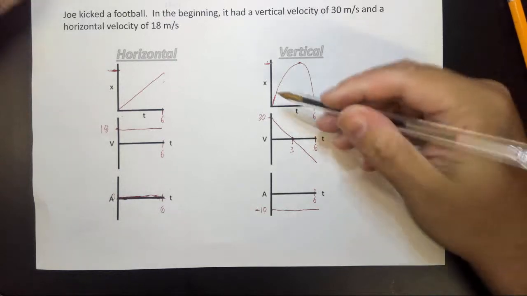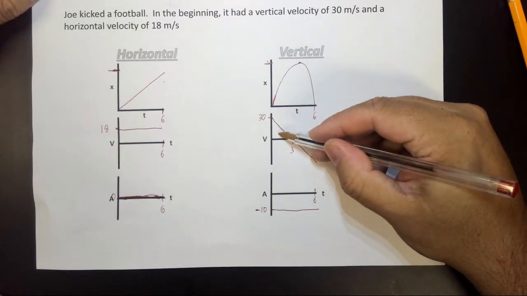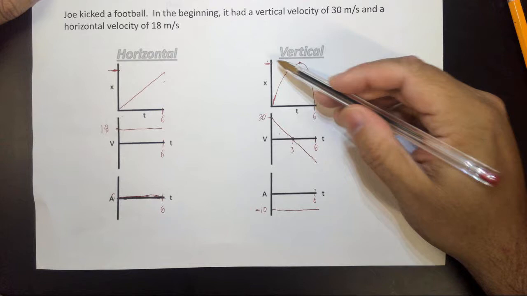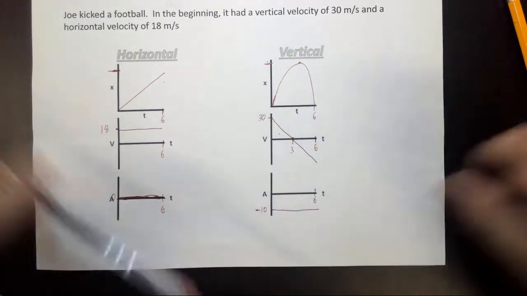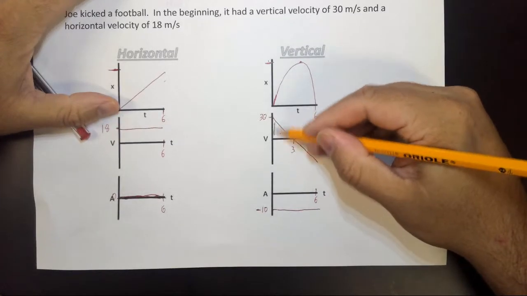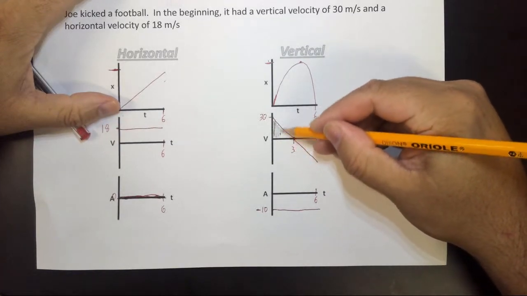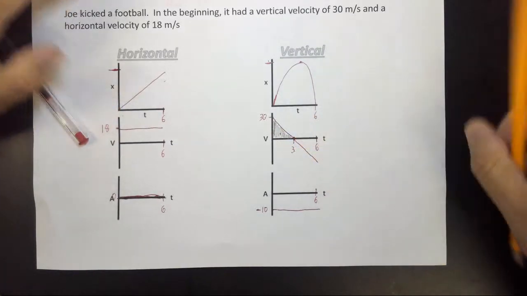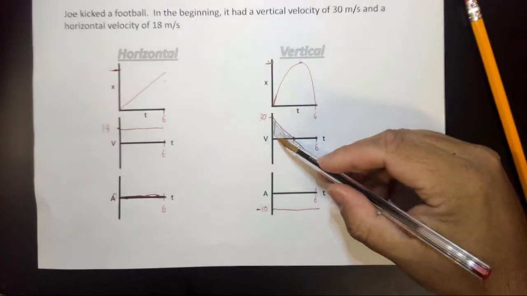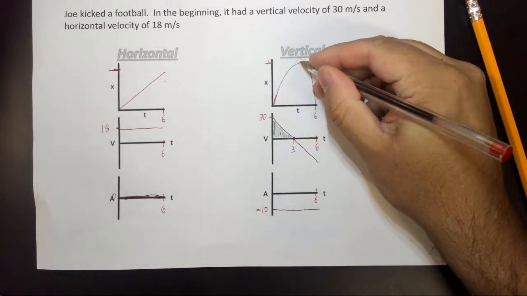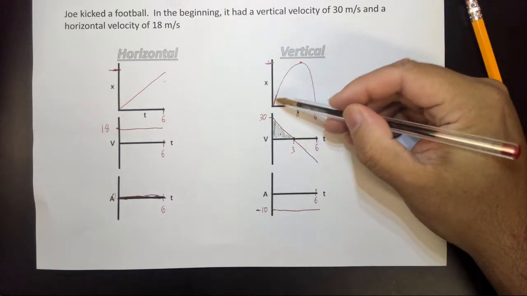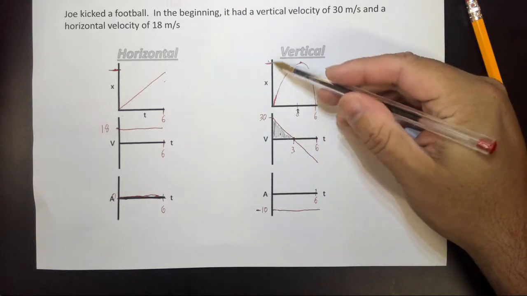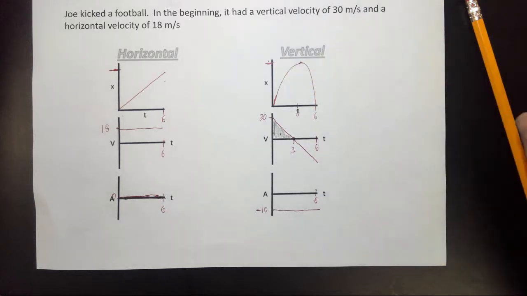Next, the principle is that if you want to go from velocity to position, you use the area under the graph of the velocity graph, right? And the area under the graph tells you the displacement. Okay, so if we shade in the area between 0 and 3, and remember this reaches its highest point at 3 seconds, so right there, then that tells us how far it went vertically from 0 to wherever that is.